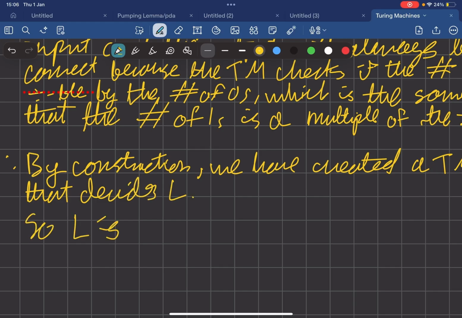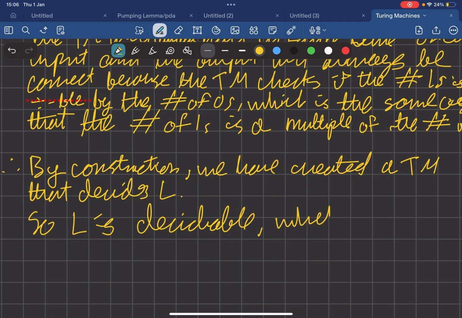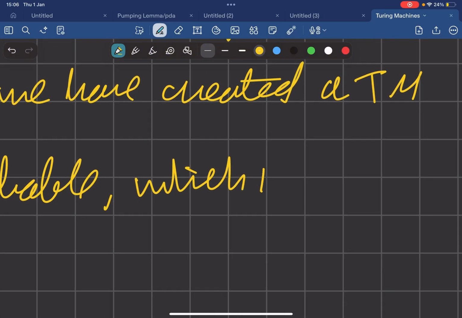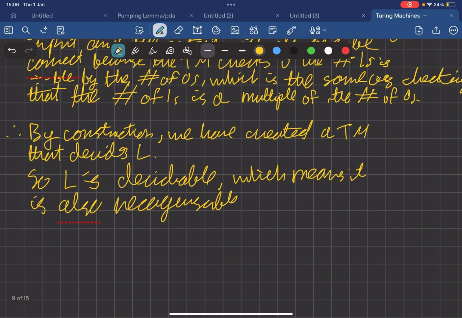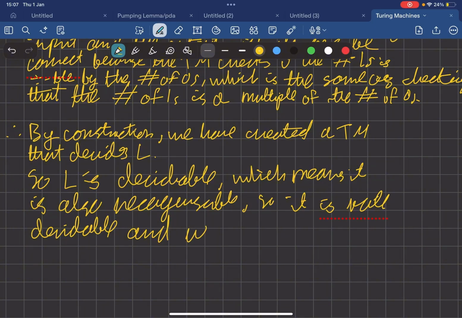So L is Turing decidable, which means it is also recognizable. So it is both decidable and recognizable. So that's the full answer.